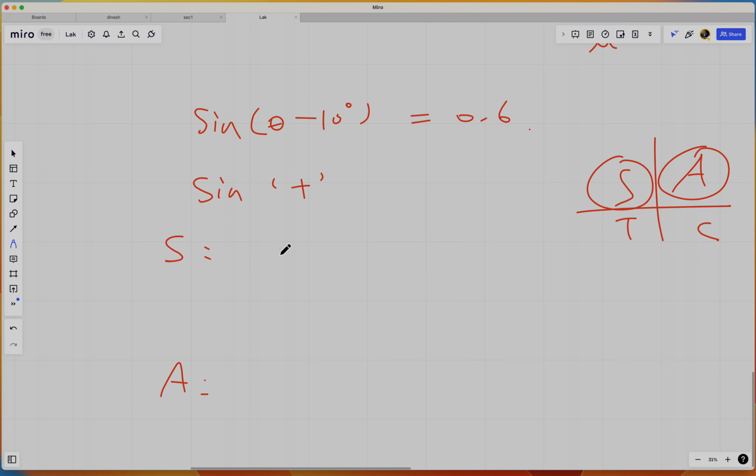What's the formula? 180 minus. Very good. So theta is equal to 180 minus the basic angle. Then over here theta is equal to the basic angle. The next step is sine inverse 0.6. What's the answer? It is 36.869.